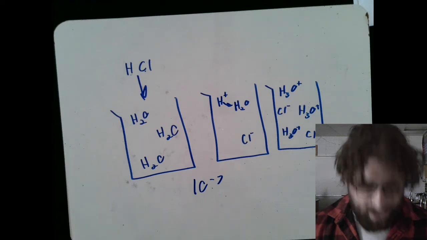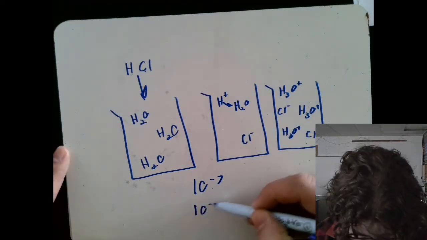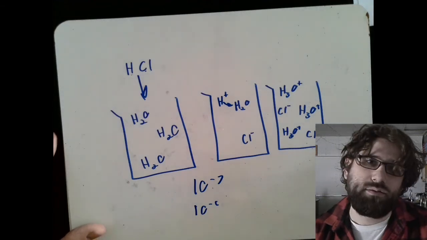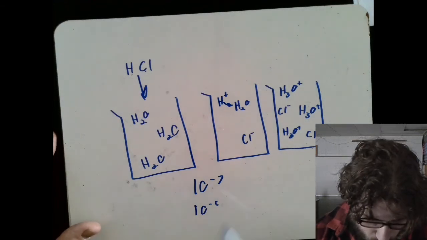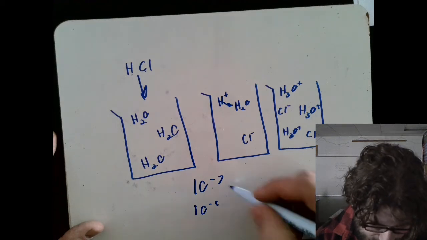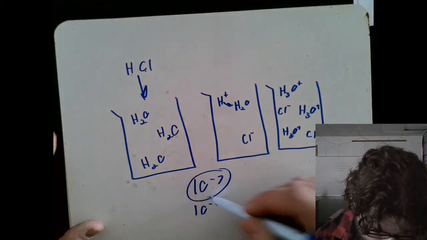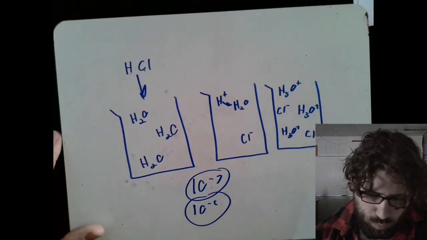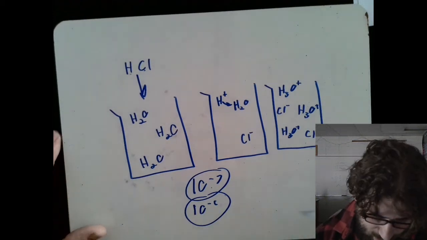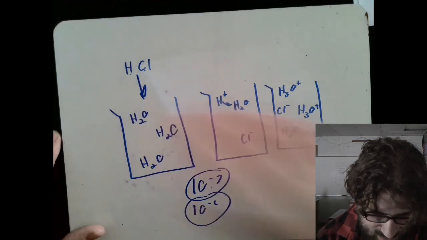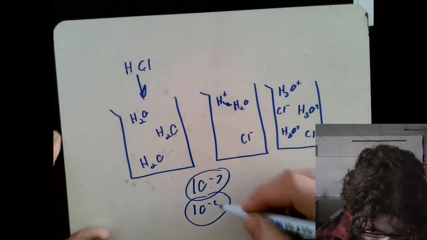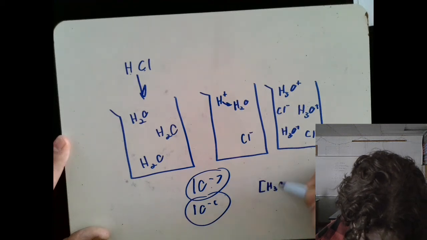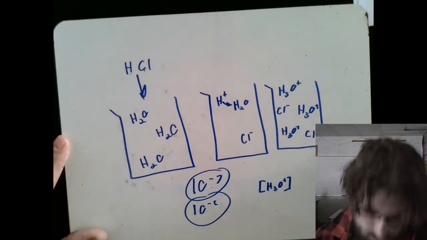I might have made it 10 times more to 10 to the negative 6, depending on how much of this I added. So we're going to look at how to get pH from these numbers shortly. But for now, what we're really saying is that as I add in these guys, I am boosting the concentration of my H3O plus.